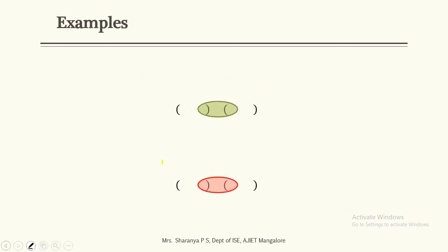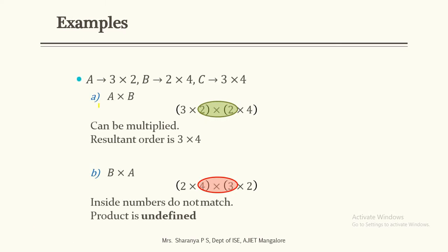Next, let us look at an example: is it possible to perform matrix multiplication if the orders are like this? Suppose matrix A has order 3 cross 2, that is 3 rows and 2 columns. Matrix B has 2 rows and 4 columns. Is it possible to perform matrix multiplication?